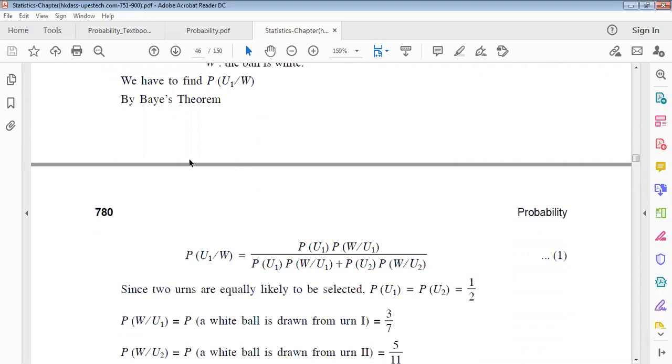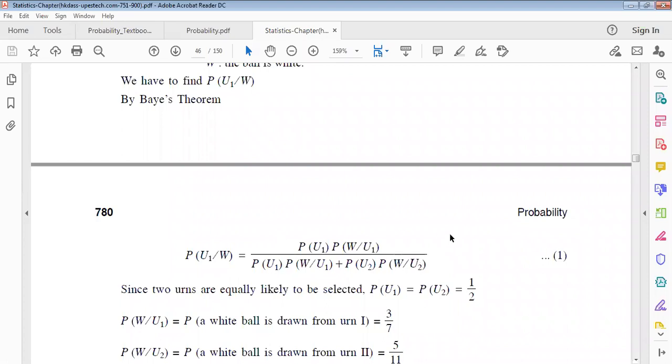Now by the Bayes theorem, we know probability of U1 when it is white equals probability of U1 times probability of white when it is urn 1, divided by the summation: probability of U1 times probability of white when it was in the first urn, plus probability of U2 times probability of white when it was drawn from urn 2.